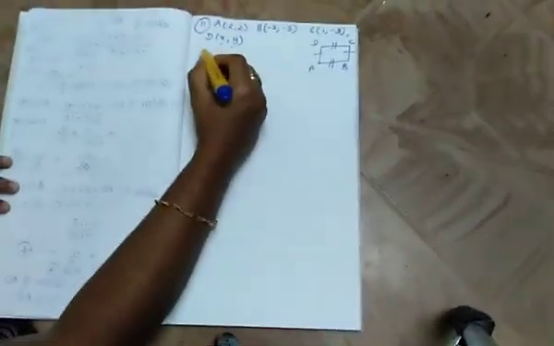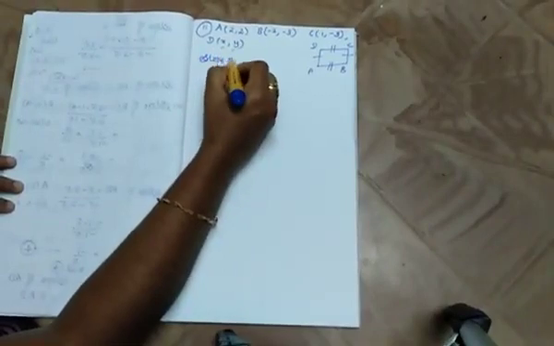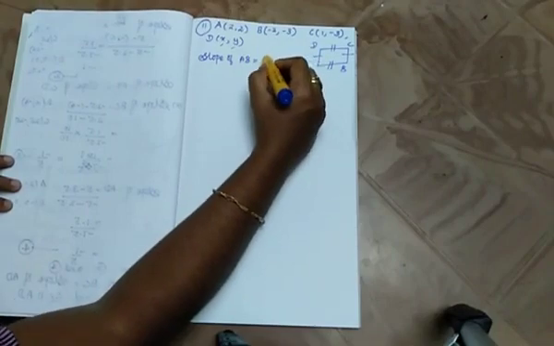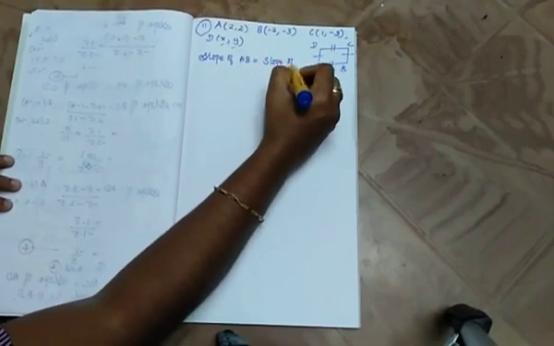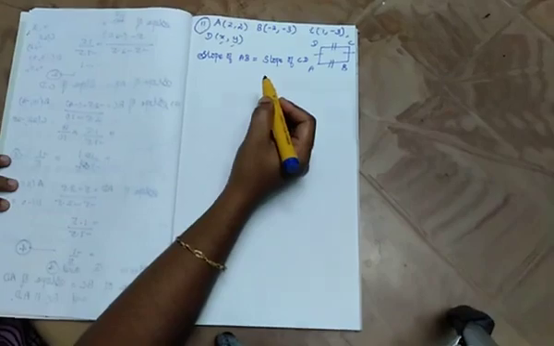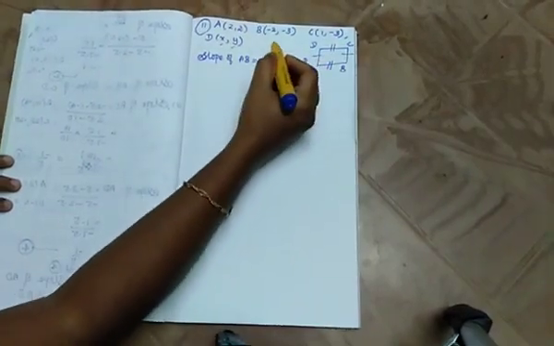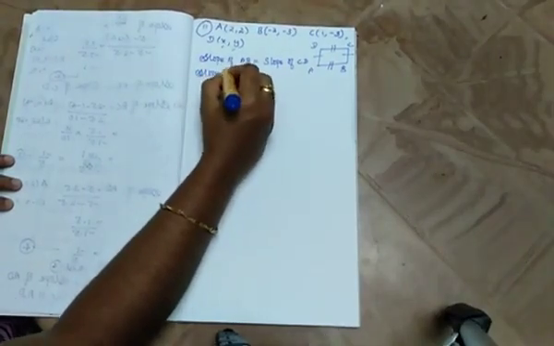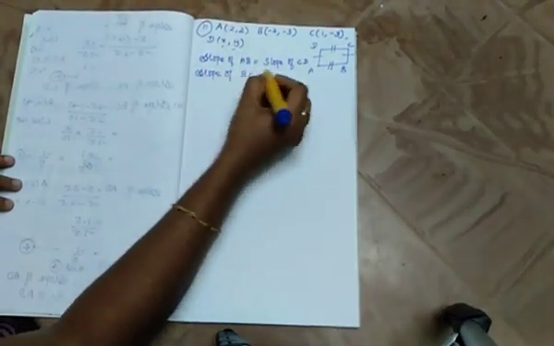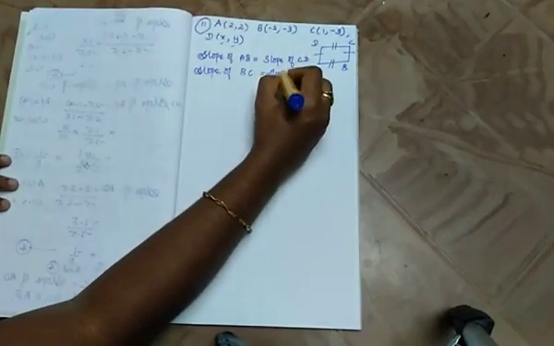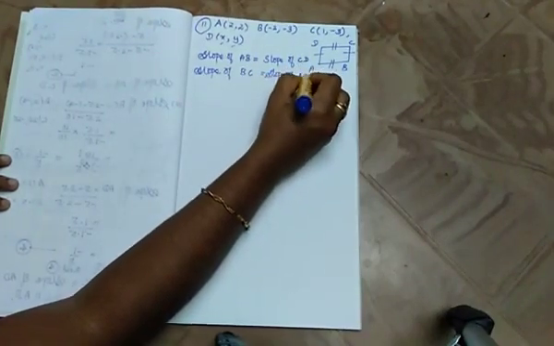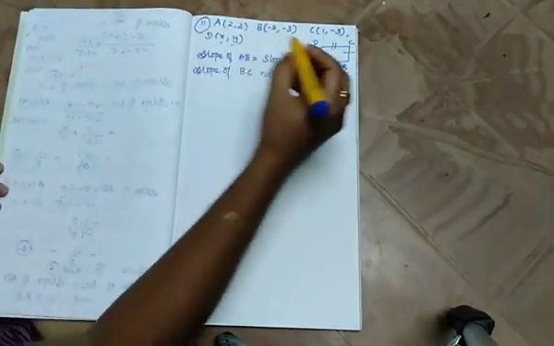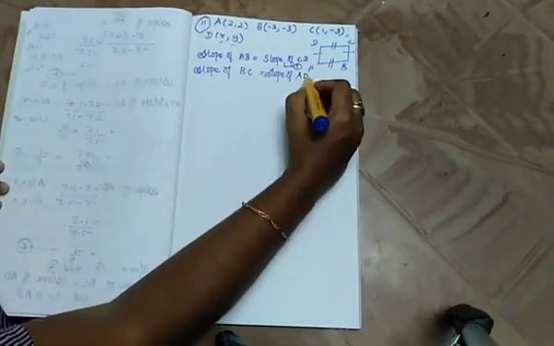As the question says it is a parallelogram, the slope of AB is equal to the slope of CD, and the slope of BC is equal to the slope of AD. Let it be the first.